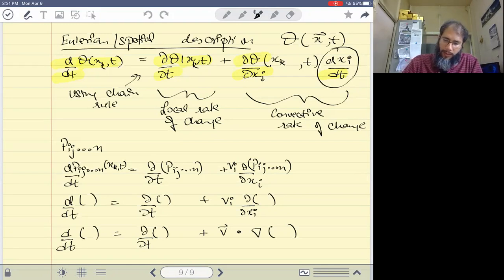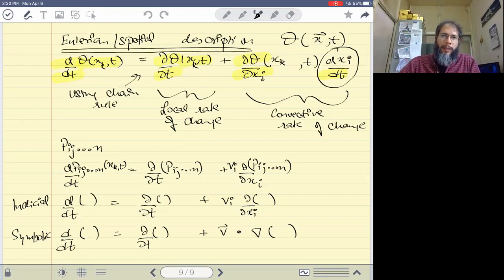So they are all the same. This is the symbolic notation, and this is the index notation. So that's your Eulerian description of the material derivative.